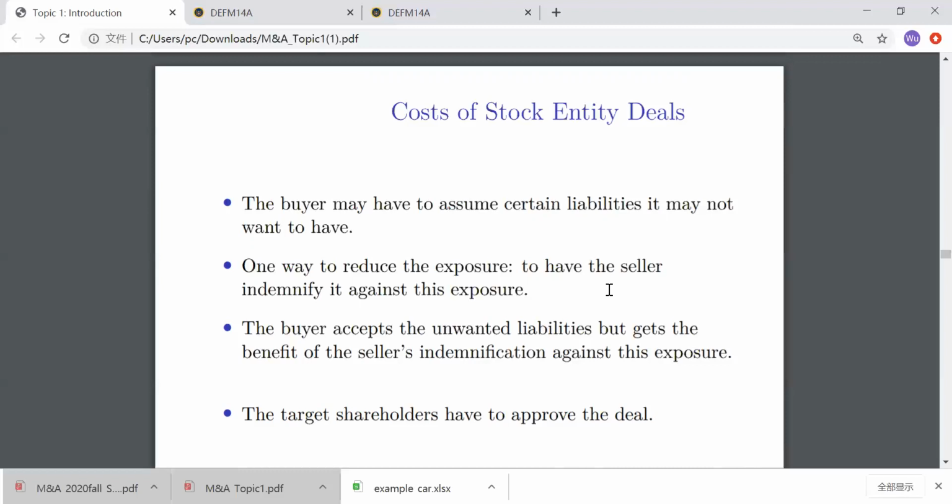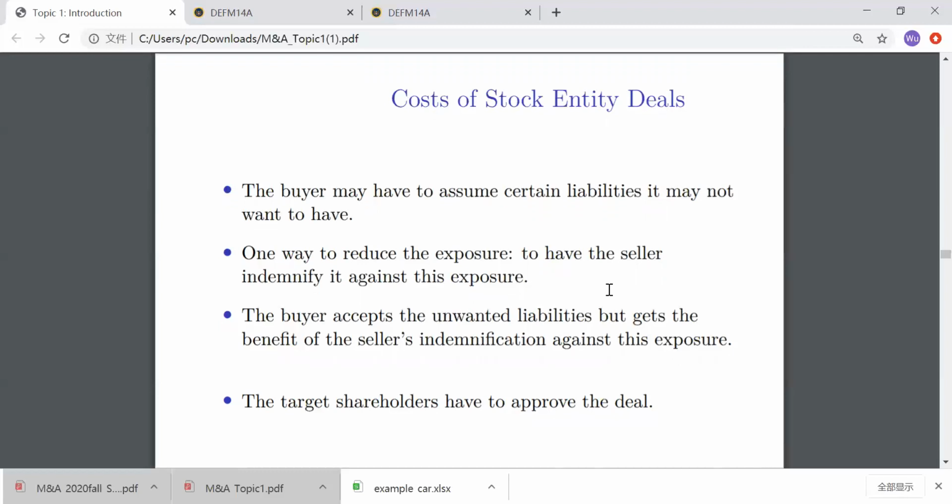For example, let's say this seller has CDS, and all of a sudden the bond market and the stock market go down. The stock market crashes, the bond market crashes, and an economic recession is coming, right? So in that case, the value of the liability goes up. If the seller indemnifies against this exposure, then the seller has to compensate the buyer for such losses if the value of the liability goes up, right?